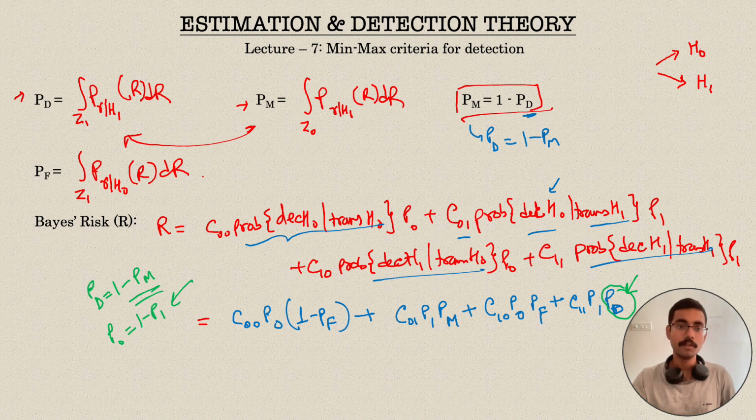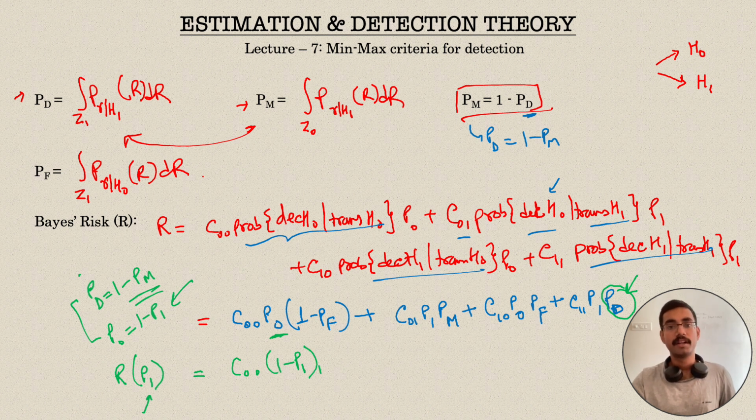Okay, so if I put this into this expression, I would have R specifically in terms of P1, because this would be the only variable that would be left. Please understand that PD, PM, PF, C, these are all constant terms. The only thing that can vary is P1, and that is the variable of which I'm making this expression a function. So wherever there is P0, you replace it by 1 minus P1.